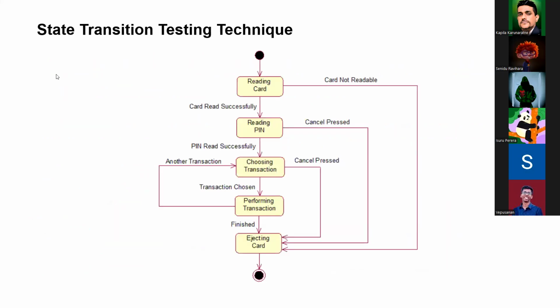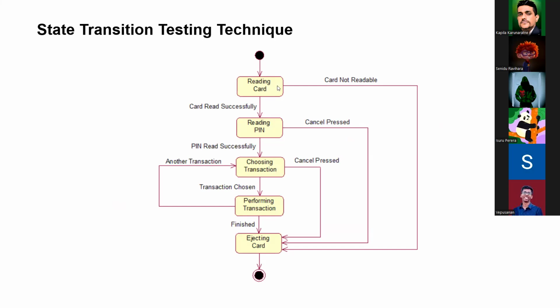The third one is the state transition diagram technique, right? So this is basically, like the previous scenario I mentioned, the ATM. If we are trying to test an ATM, at each step there are negative scenarios. You read the card. If it is a success, it will continue.